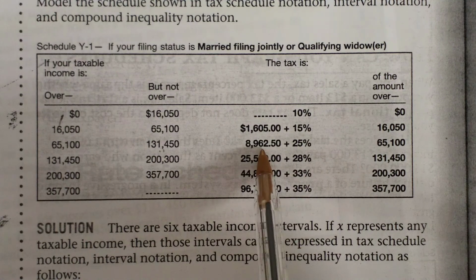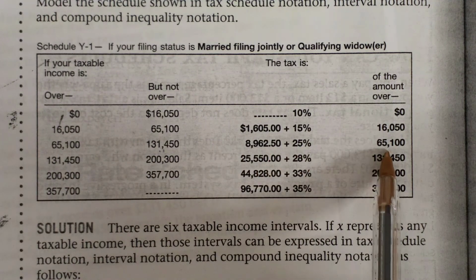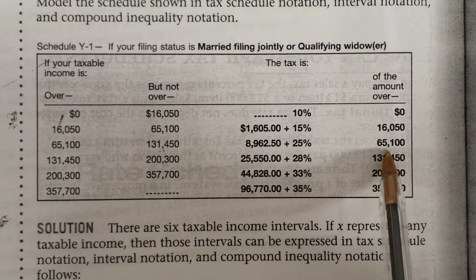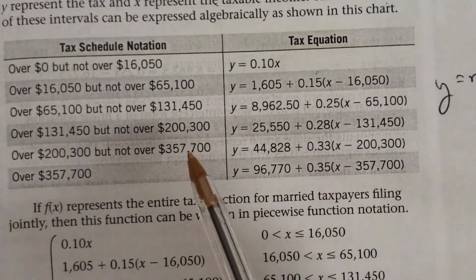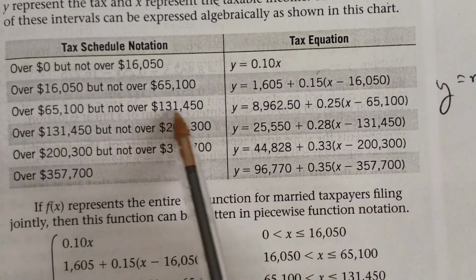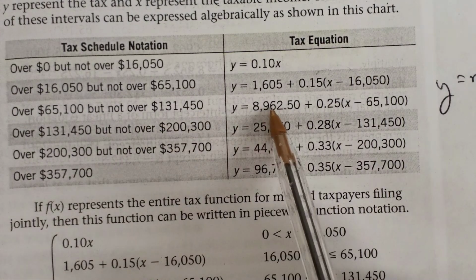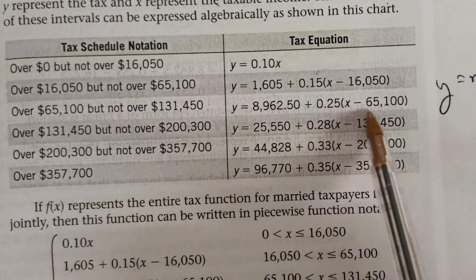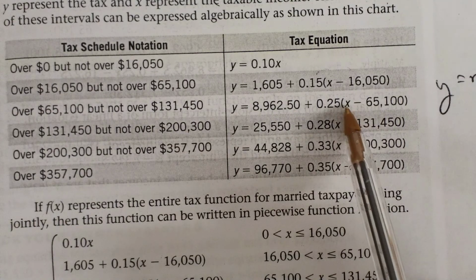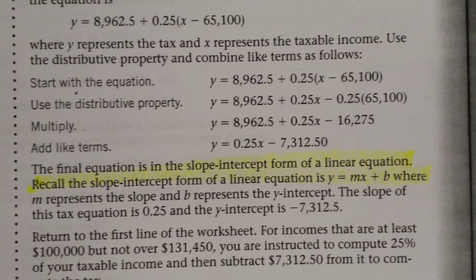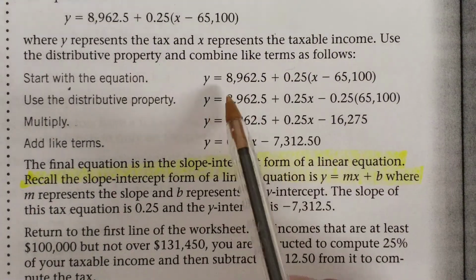So you're paying that amount plus 25% of the amount over $65,100. So as an equation, what we were just looking at would be the flat tax plus 25% of the amount over $65,100. So this is where your income would go, and this would be the tax amount. I'll just pull that equation straight out of that table.